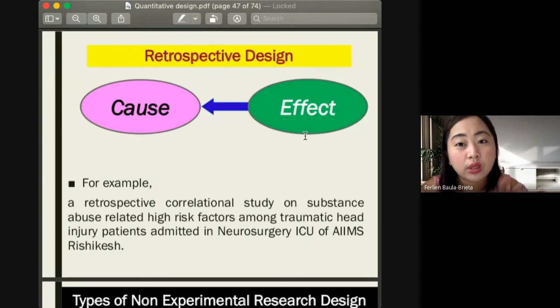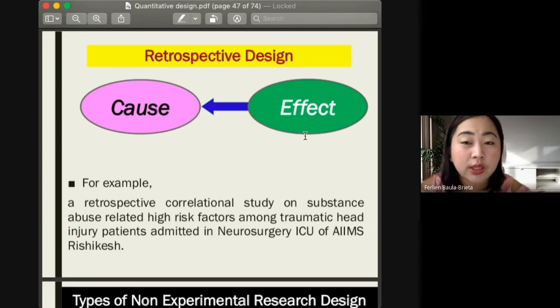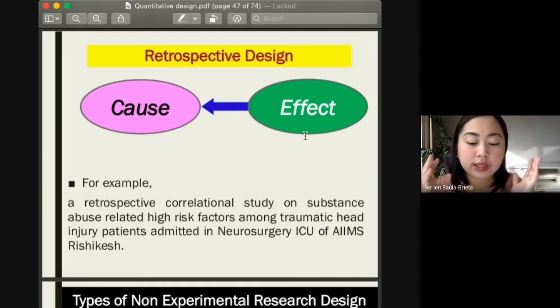If you have connections with hospitals, you can ask for patient charts following the specific protocols imposed. The patient chart is very rich with information. So we can study the effect and go back to the cause using patient charts.